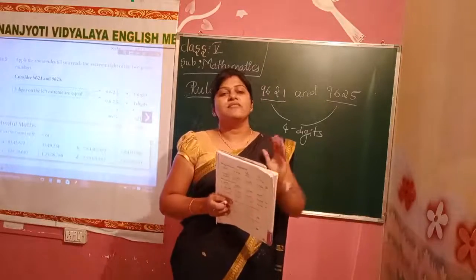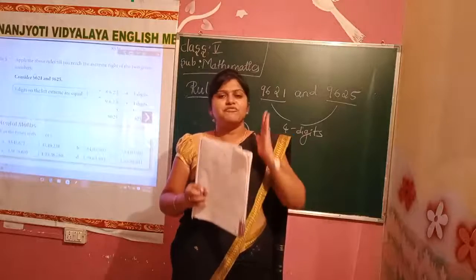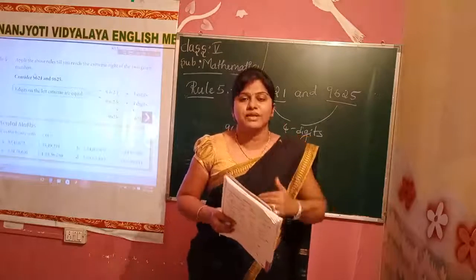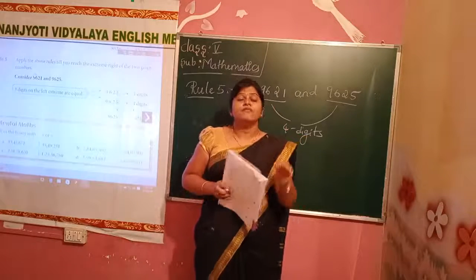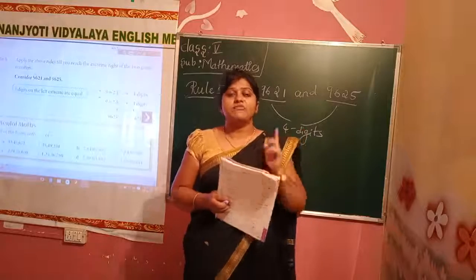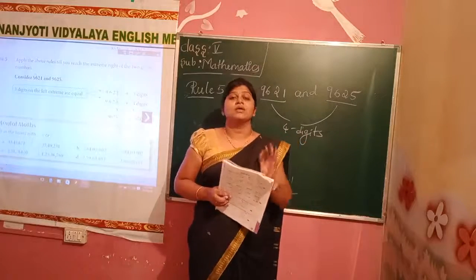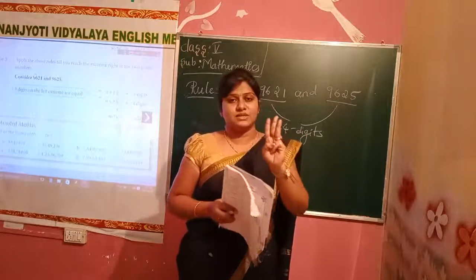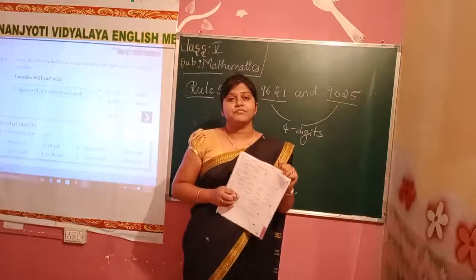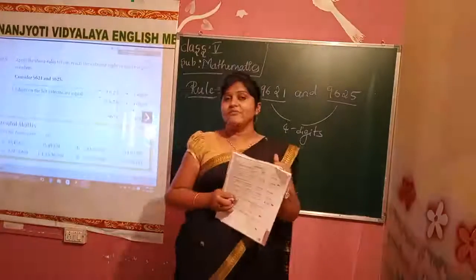Rule 3: when the digits and first digit are the same, we see the second digit and compare. Rule 4: when the first and second places are the same, we see the third place and start comparing. Rule 5, when we have what?